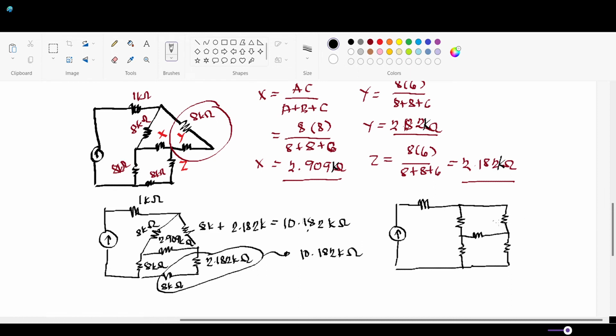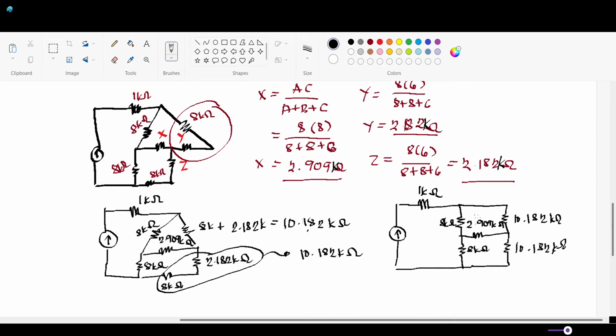Okay, they are both 10.182 kilo ohms, 10.182 kilo ohms, 2.909 kilo ohms, 8 kilo ohms, 8 kilo ohms, and 1 kilo ohm.